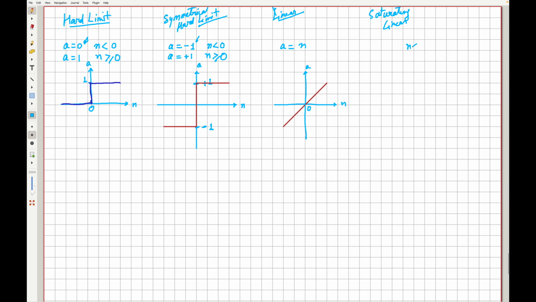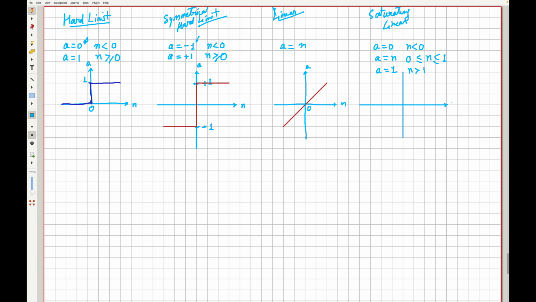So if n is less than 0, we say that a can be capped at 0, and if n is anywhere between 0 and 1, including 0 and 1, then a is equal to n. So that holds there. And then if n is greater than 1, again we cap that value of a to 1. Again, if we try and draw that, let's say this is the axis we have for a and n.